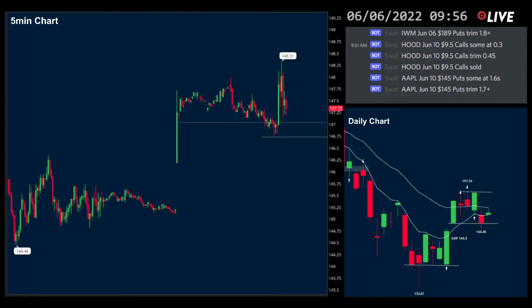I trim some on Apple. Apple so far rejected at the 21-day moving average.